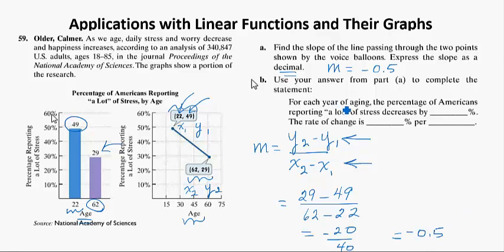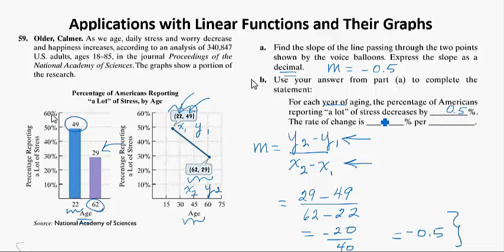And so for each year of aging, the percentage of Americans reporting a lot of stress decreases by, we don't need to use the negative because we're already using the word decrease. So we can generalize this by saying that each year the percentage of Americans reporting a lot of stress decreases by 0.5 or 0.5%.